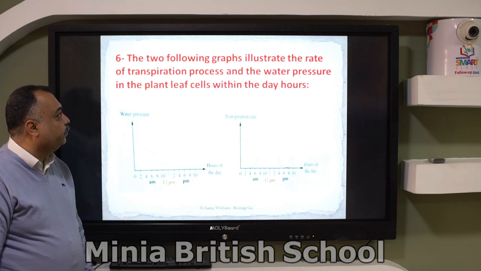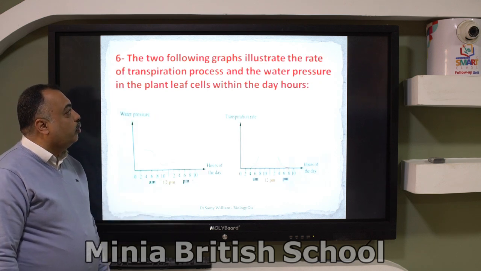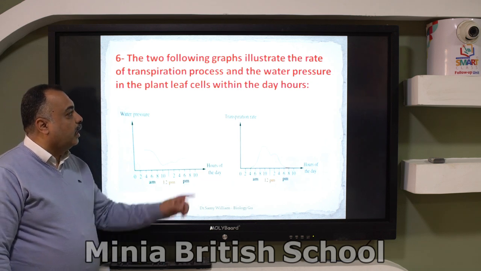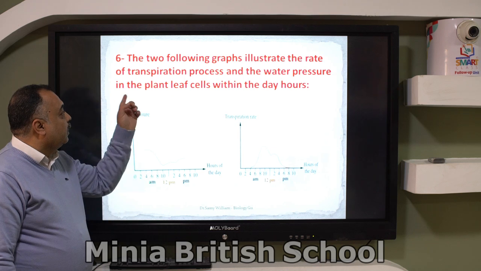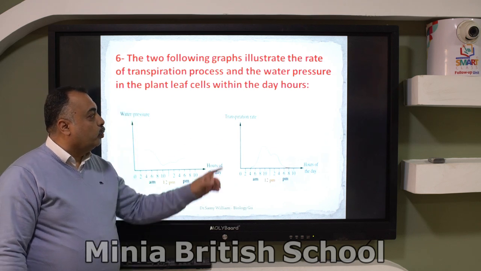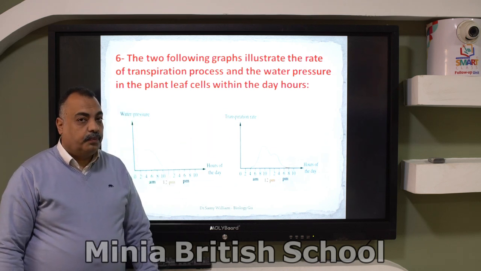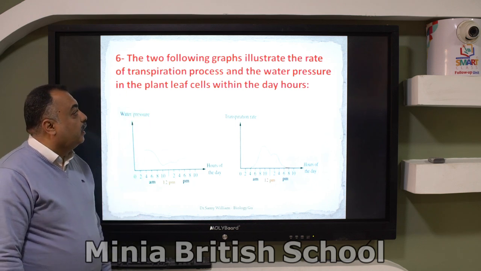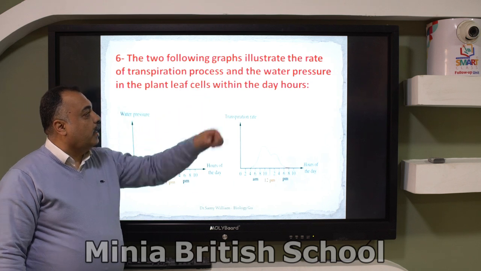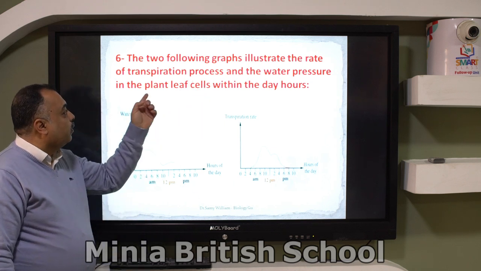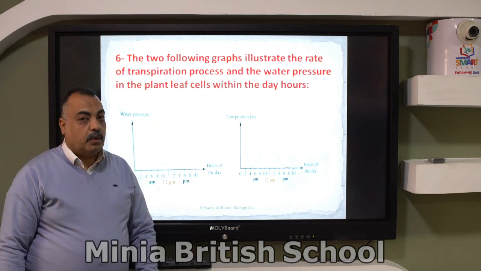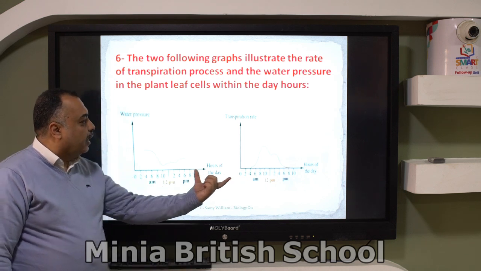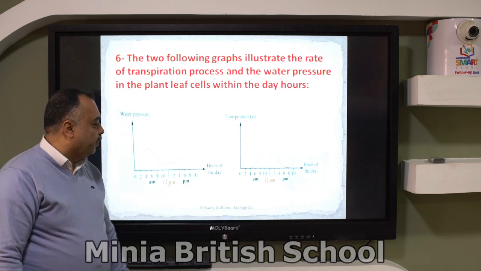The next, the two following graphs illustrate the rate of transpiration process and water pressure in the plant leaf cells within the day's hours. As you see here, the water pressure graph and the transpiration rate graph.